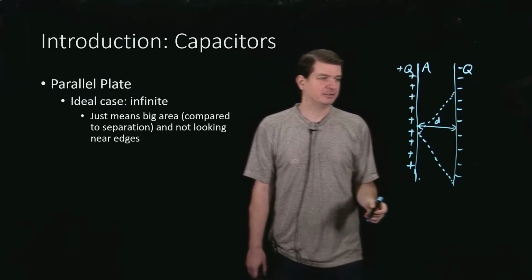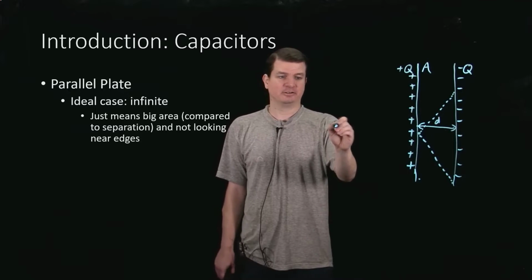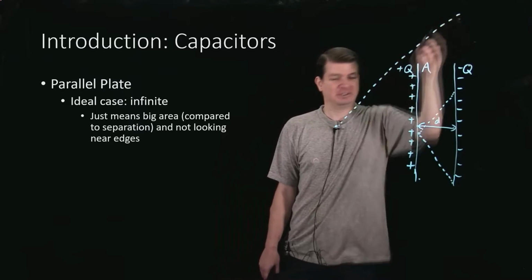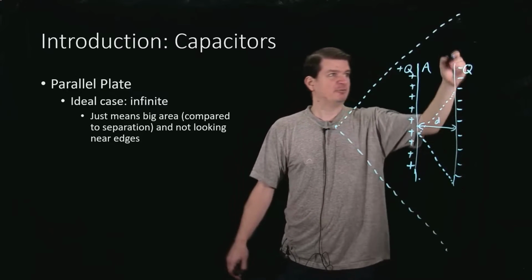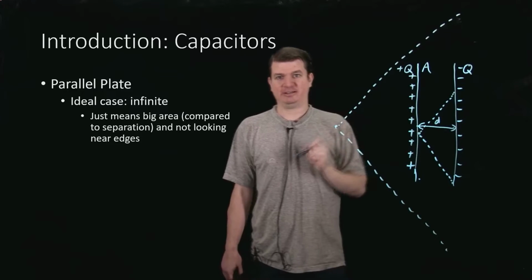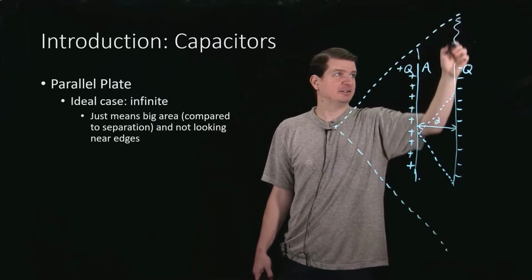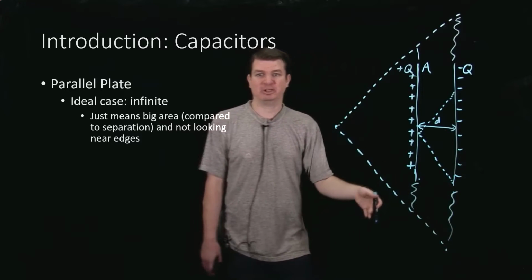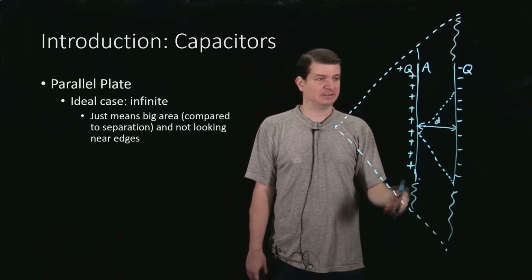On the other hand, if this plate was very much separated and I had my fly out here, and I tried to draw the same field of view, this fly can see that the far plate, and in fact even the near plate, do not go off to infinity. It sees all of this, and all of this, as not being a plate. So this fly is well and truly aware that these things aren't infinite.